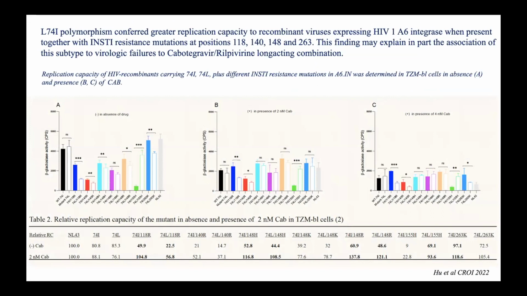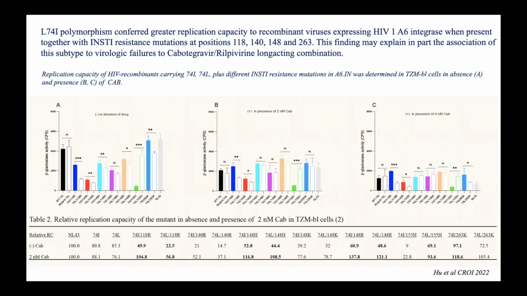Very elegantly, the group of Daniel Kuritzkes showed at CROI that indeed in the A6 virus, when there was the mutation 74L, the L74I polymorphism conferred a greater replication to this virus, and particularly when there were also the mutations that are important for resistance, particularly for cabotegravir, like 118, 140, 148, and 263.